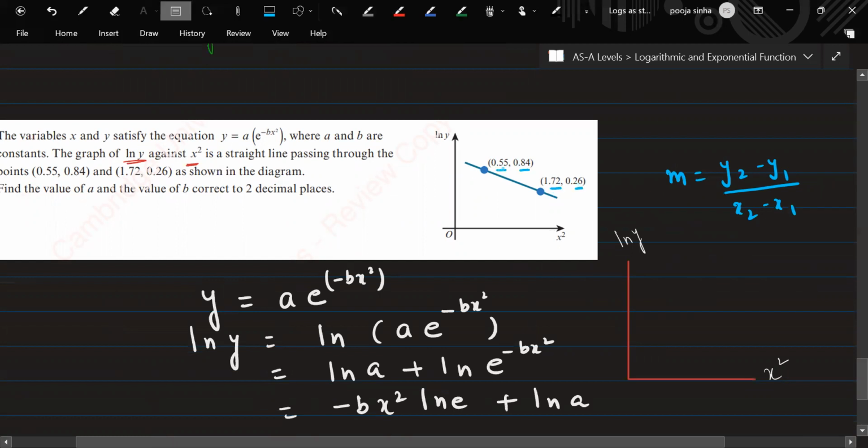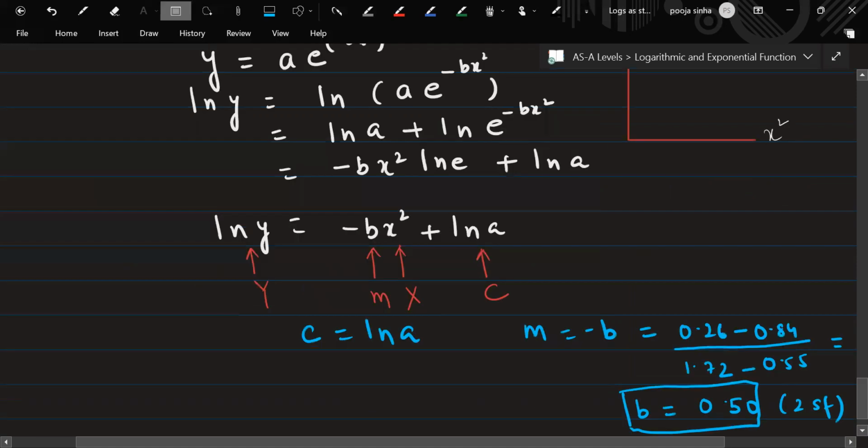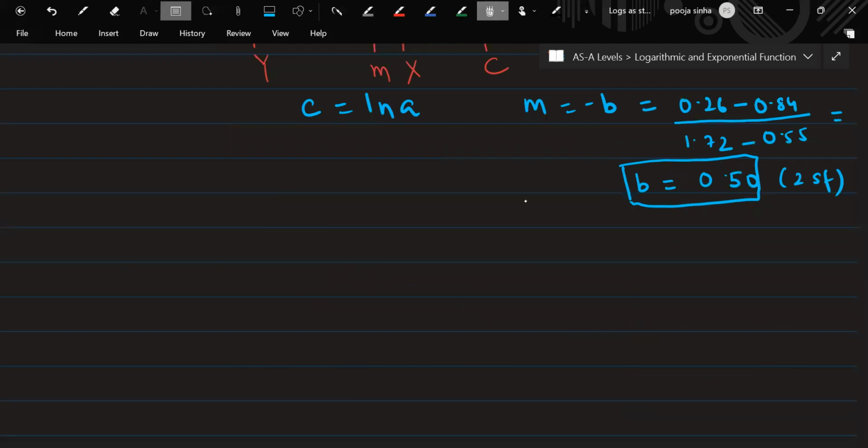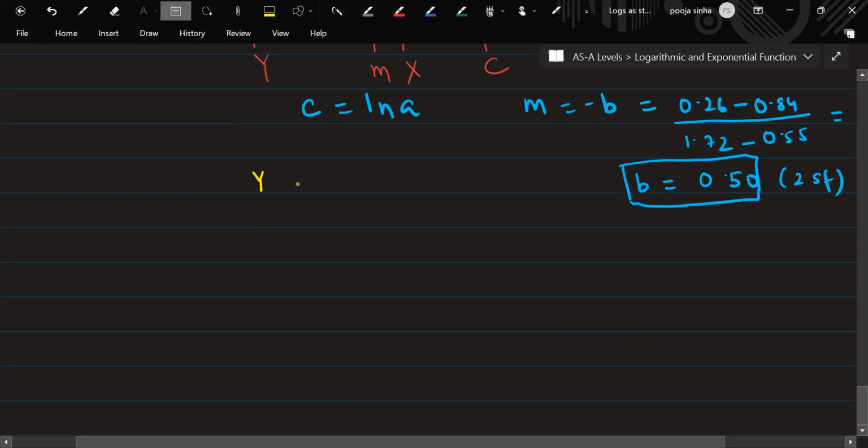So let's put one of these values. Now I know my gradient also. This is the value for x, this is the value for y, and gradient हमने निकाल लिया है. So x is equal to 0.55.